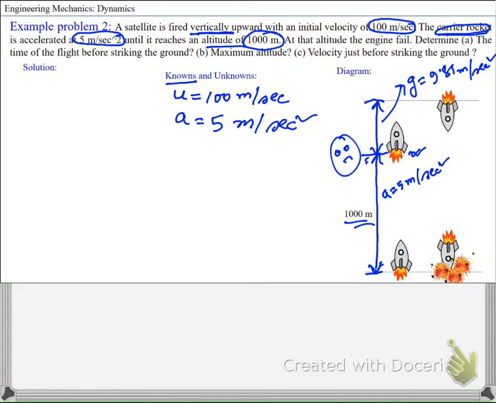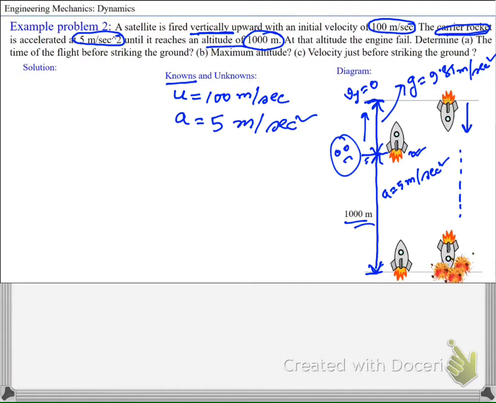So until the velocity vy becomes 0, it will go upward. And it will reach a maximum height, and then it will start to fall back to the ground with free falling. So these are the things that are given.